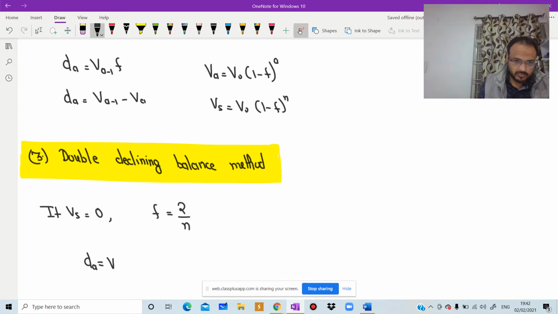Da is equal to Va minus 1 into f. N is service life. And Va is equal to V naught into (1 minus f) to the power a.